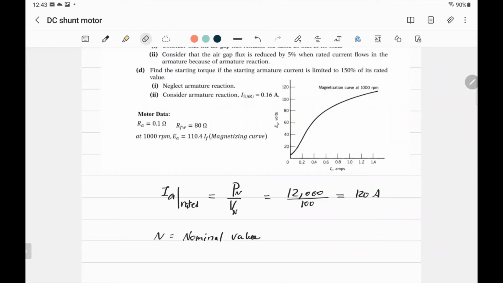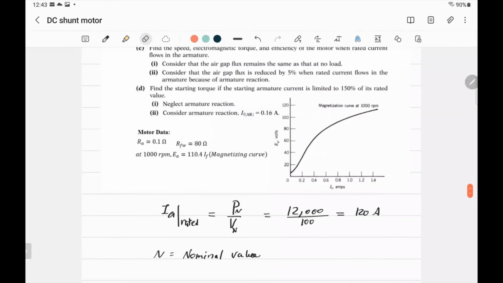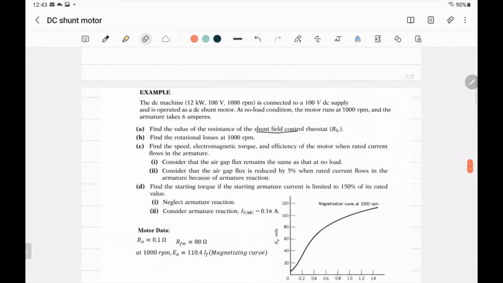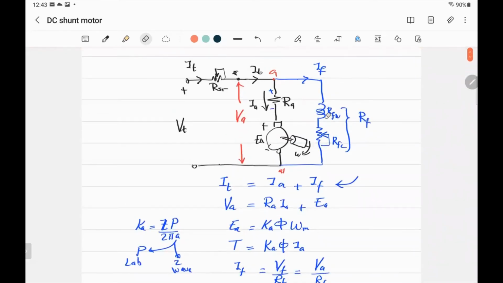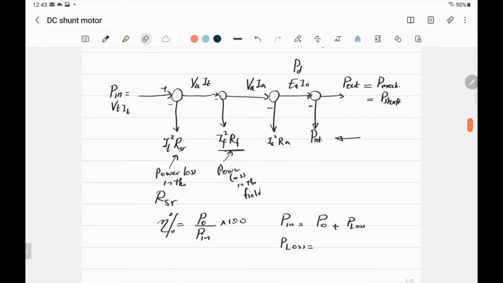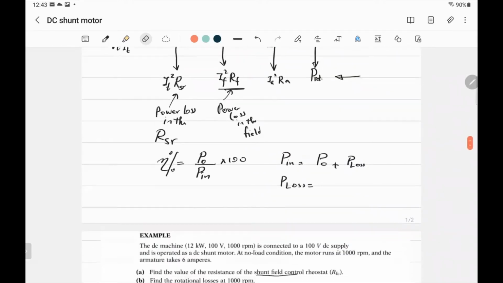It also gives you the armature resistance and the RFW, the field winding resistance. If you can find the total field resistance RF, then you subtract the given winding resistance and get the rheostat. But first we have to find VF and IF. And as you said, VF is equal to VA. So if you find VA, you have VF.